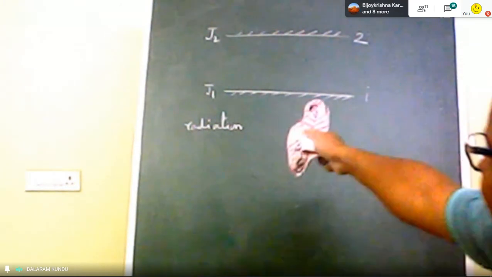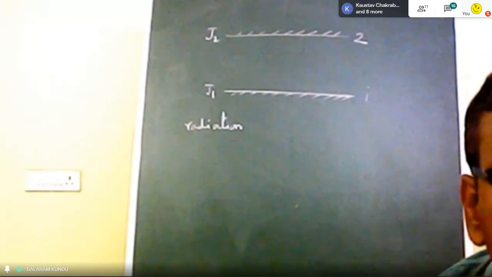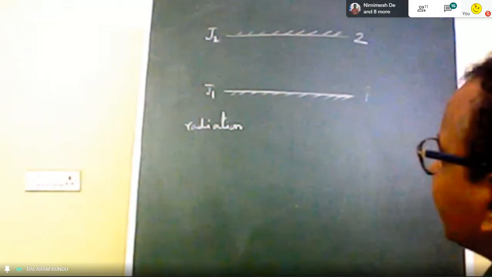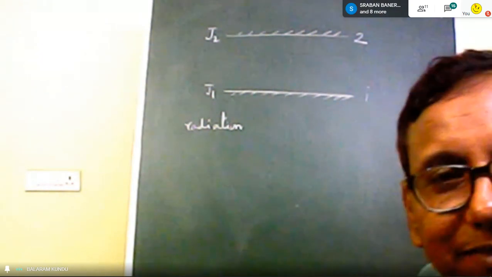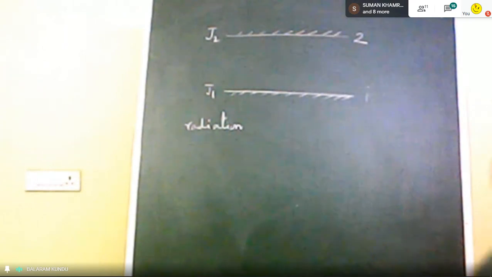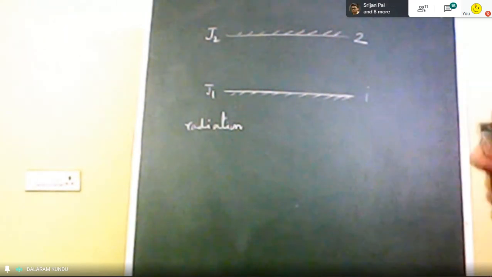Just two surfaces are there. For surface 1, radiosity J1, and for surface 2, radiosity J2. These are real surfaces. Then we have to determine the radiation heat exchange from surface 1 to surface 2.